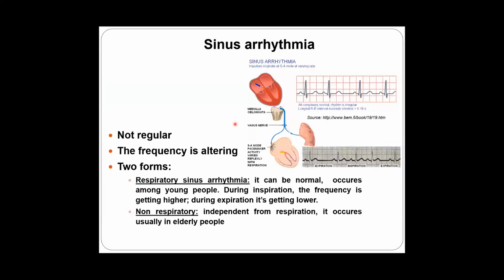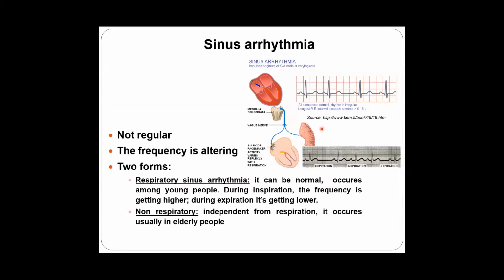Now, sinus arrhythmia can be regular or not regular. Everybody has this respiratory sinus arrhythmia. It can be normal, especially in young people. During inspiration, if you take a deep breath, the frequency gets a little bit faster, and when you exhale, it gets a little bit slower.